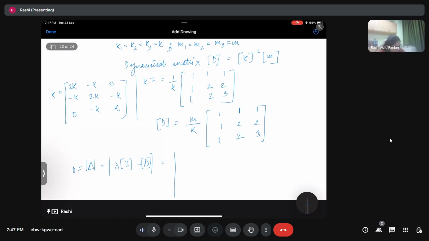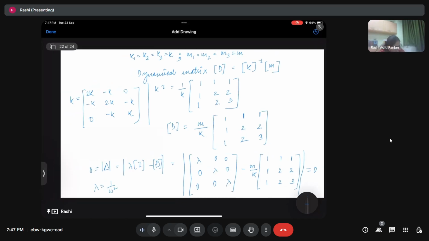This is going to be lambda times identity minus M by K times [1, 1, 1; 1, 2, 2; 1, 2, 3], is equal to 0. Lambda is nothing but 1 by omega square.